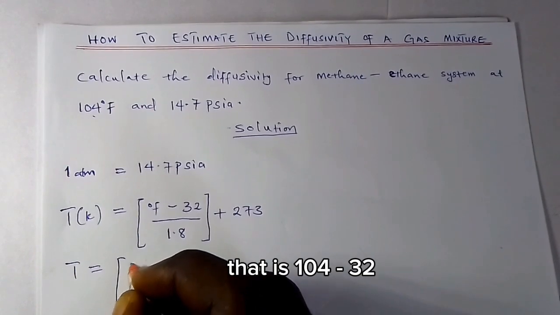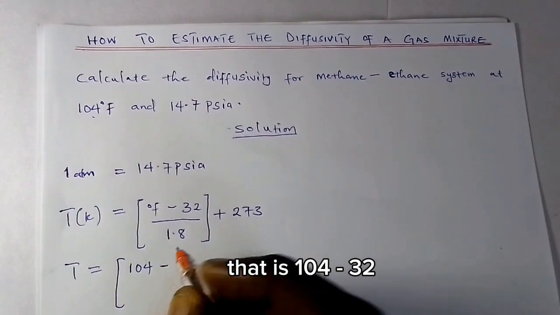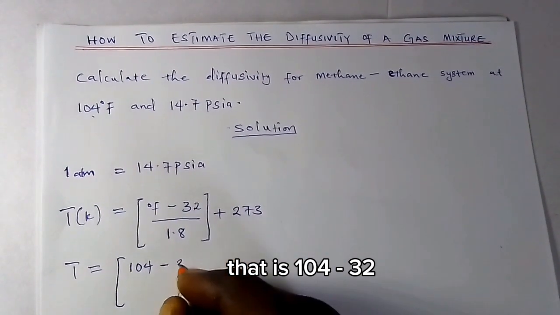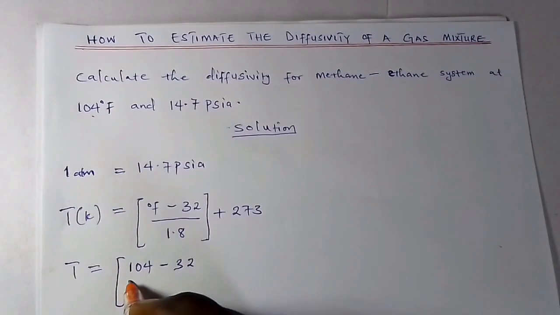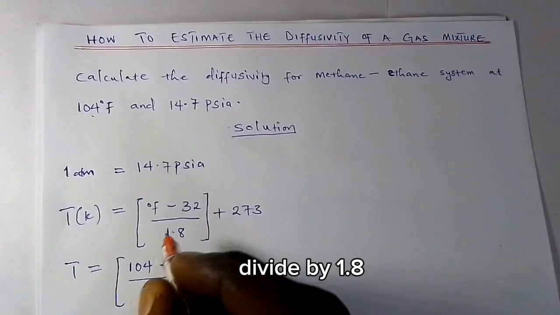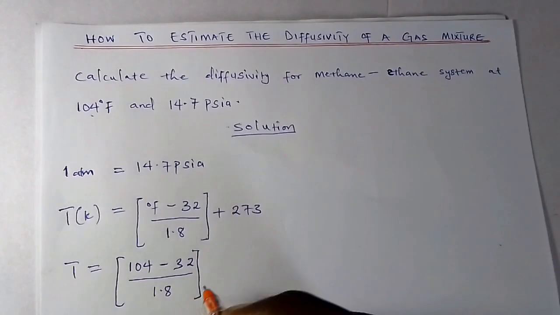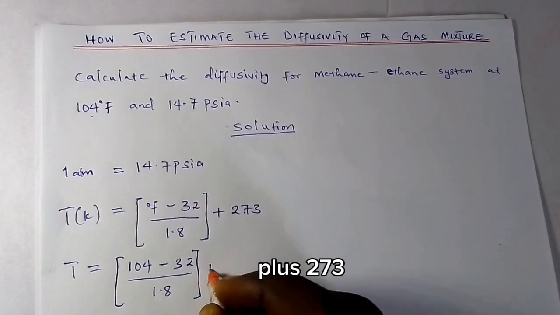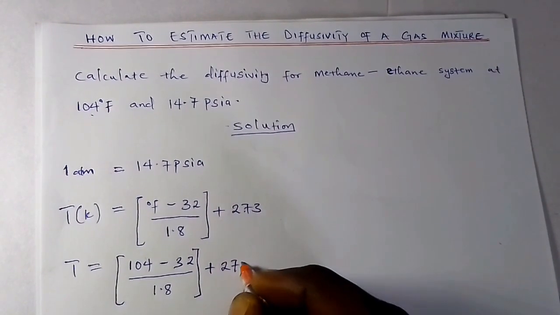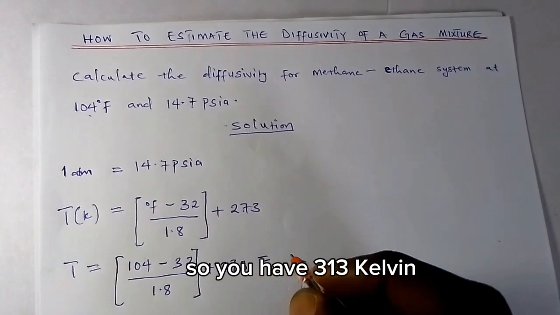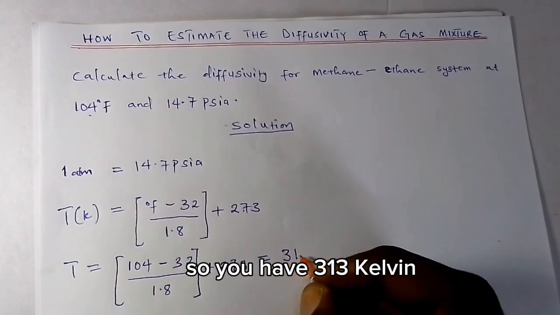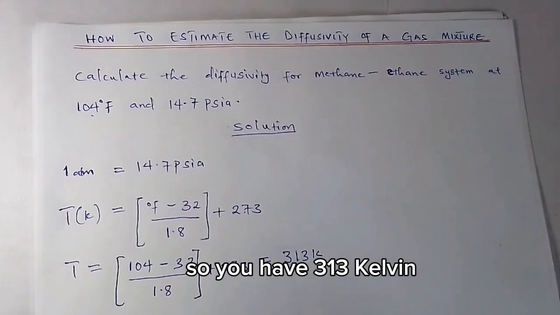That is 104 minus 32 divided by 1.8 plus 273. So you have 313 Kelvin.